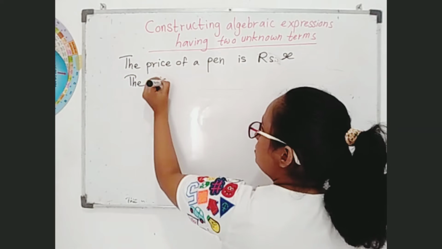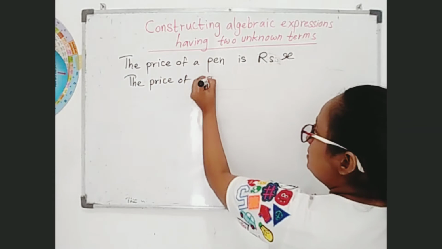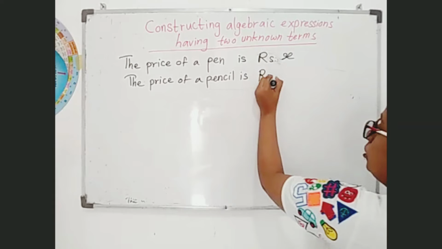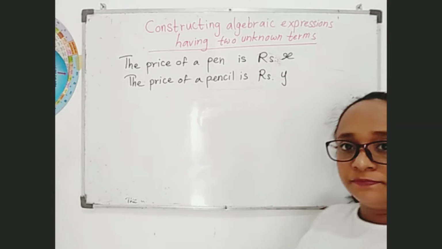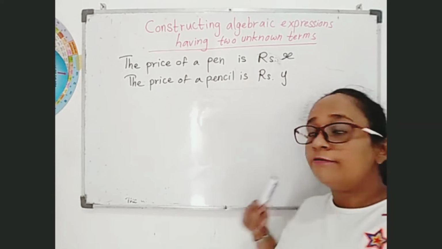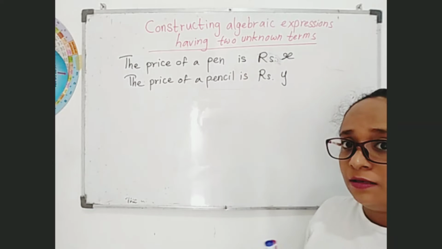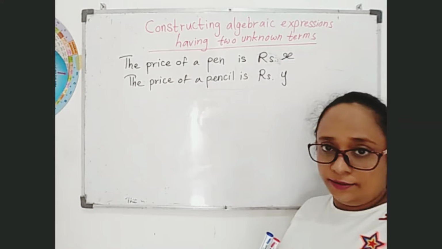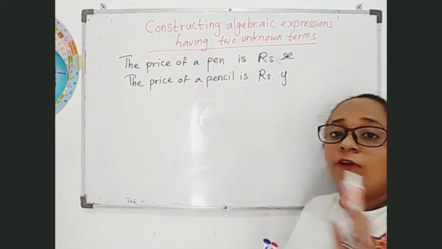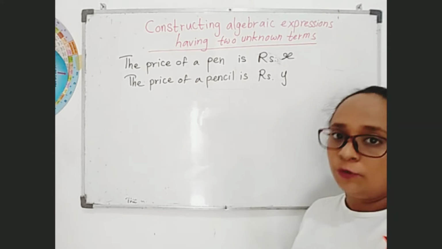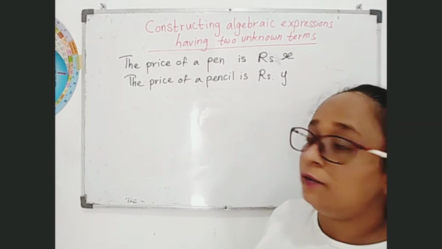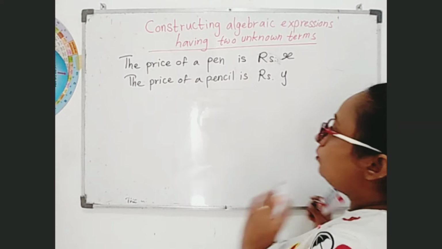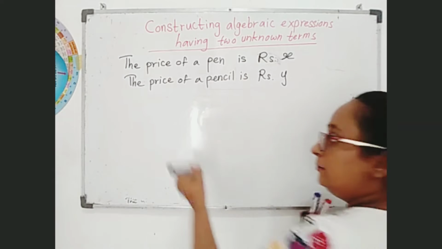Price of a pen is x rupees. We don't know the value. අපි දන්නේ it as an unknown term. Right? And price of pencil is y rupees. That is also not a numerical value. It's an algebraic term that we don't know. Right? Okay.